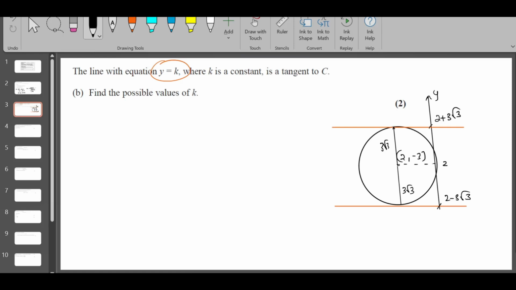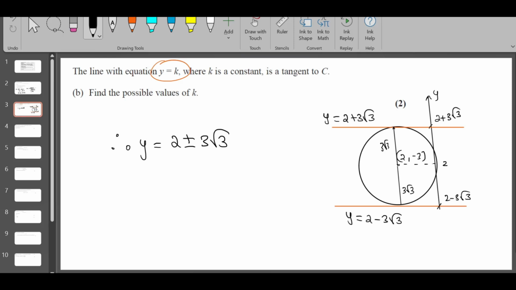So these are the lines y equals 2 plus 3 root 3 and y equals 2 minus 3 root 3. Therefore y equals 2 plus or minus 3 root 3. That's all. You don't need to do anything else.